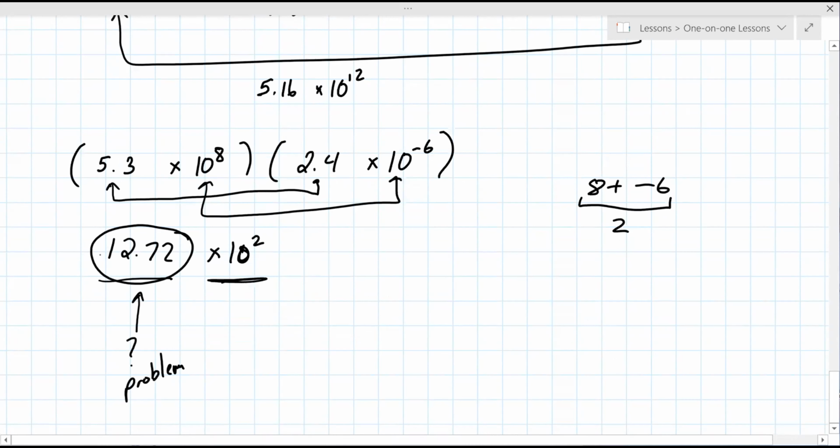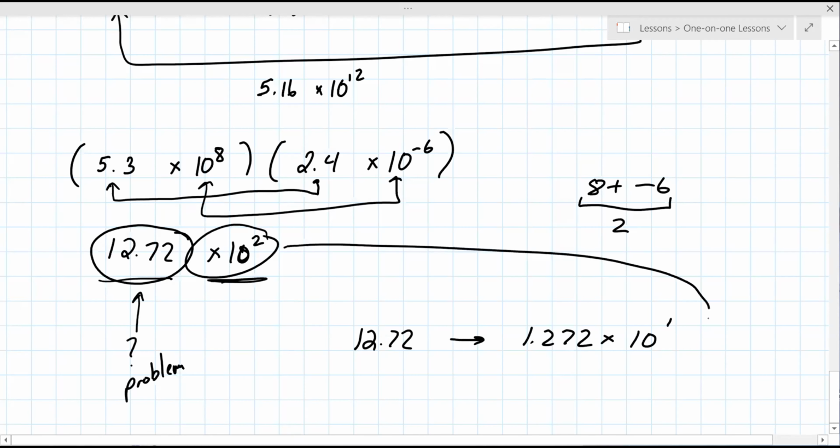Just come over here and say, okay, how do I convert 12.72 to scientific notation? That would be 1.272 times 10 to what power? First. So now you can bring this part over here, times 10 squared, and then you're repeating. So it's 1.272 times 10 to the 3rd.